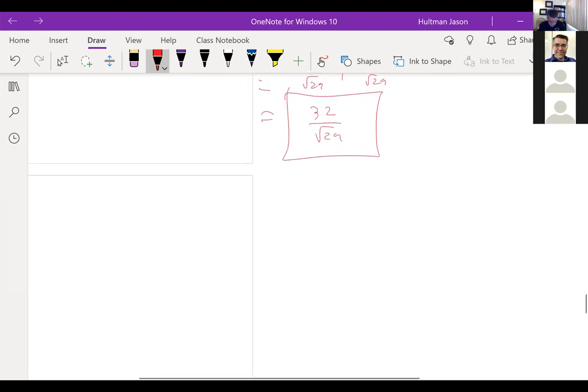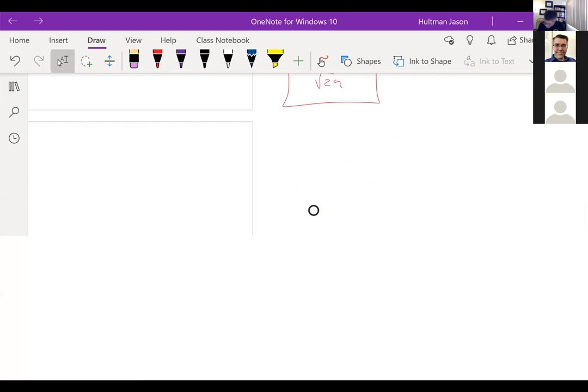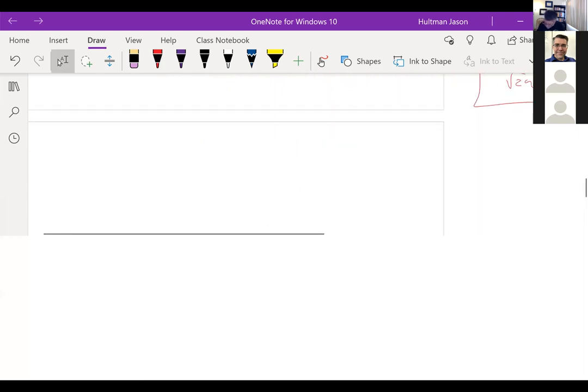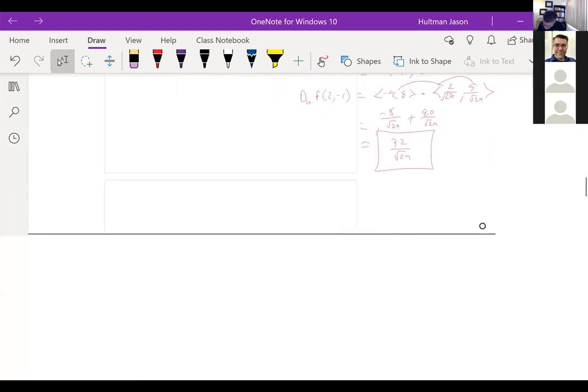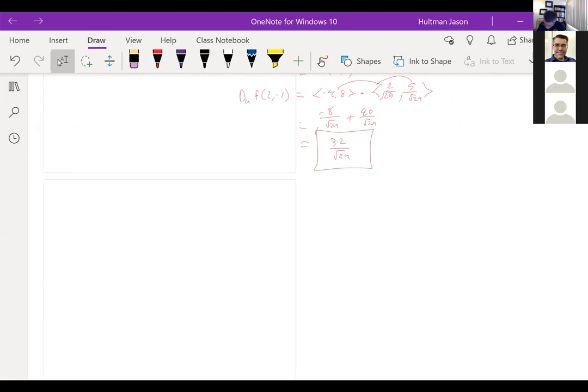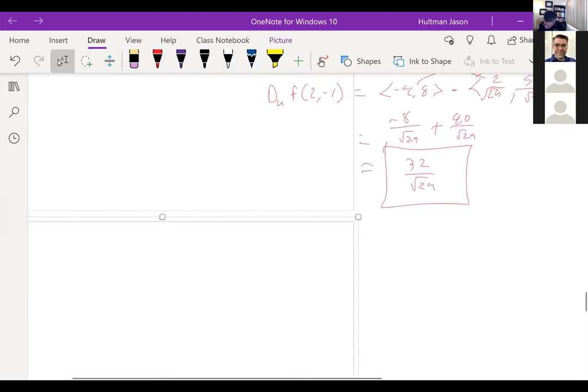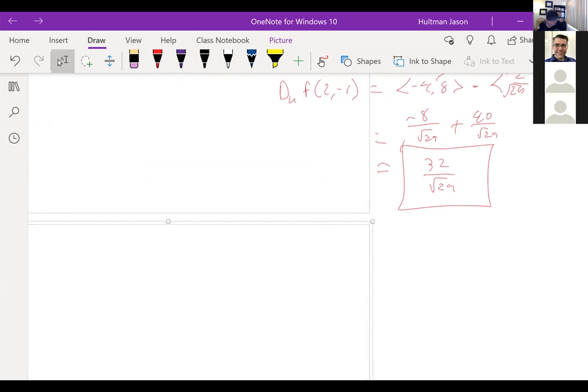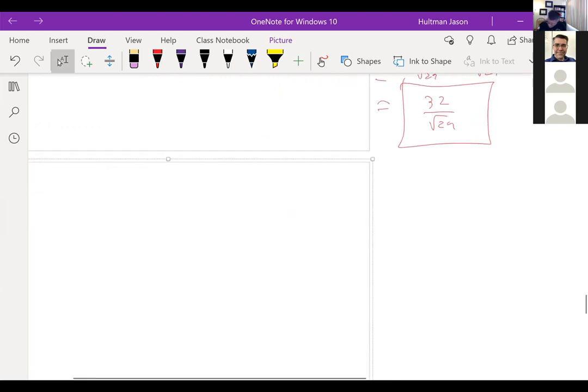Again, if we had more than one variable, we could generalize this. So let's generalize this.